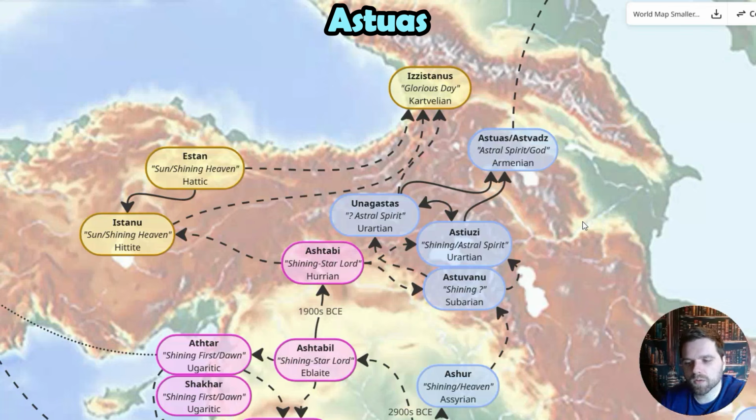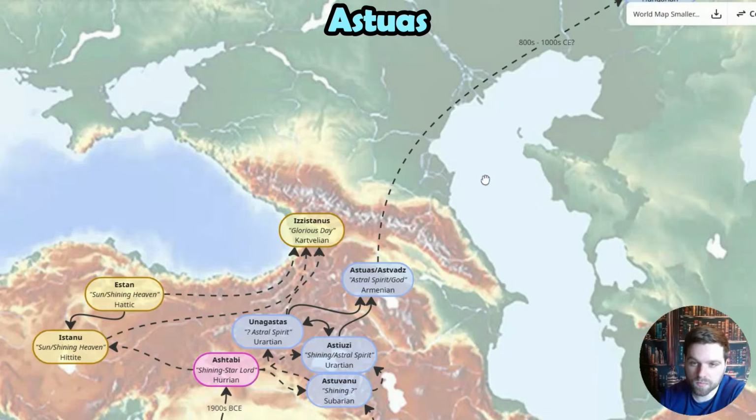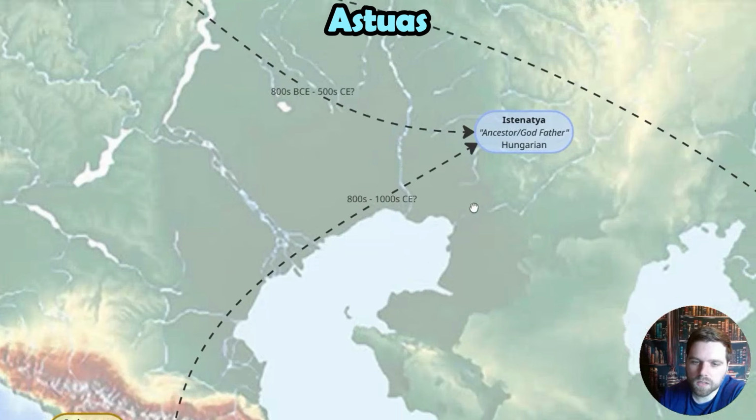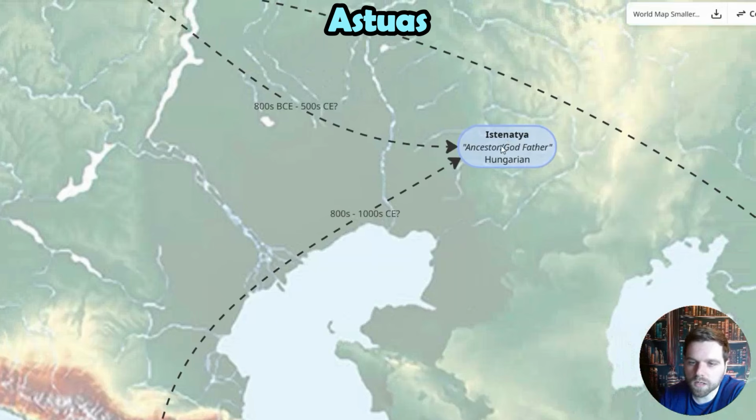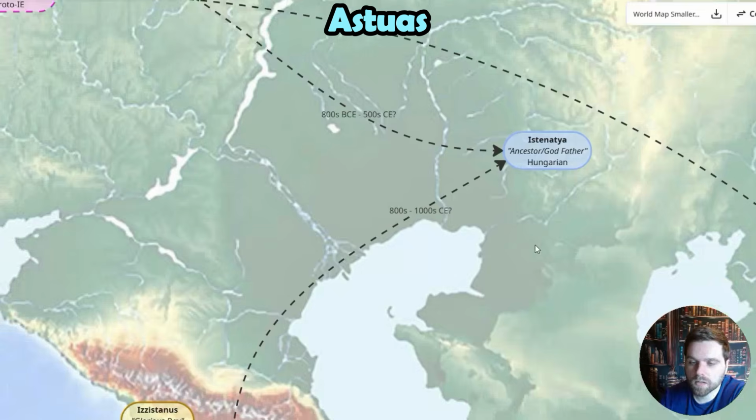stars or with the astral or celestial heavenly realm in general, because ultimately he evolved into the Armenian term for God proper during the Christian era. And that potentially, although this isn't proven, could also be an influence on the Hungarian word for God and their great god.